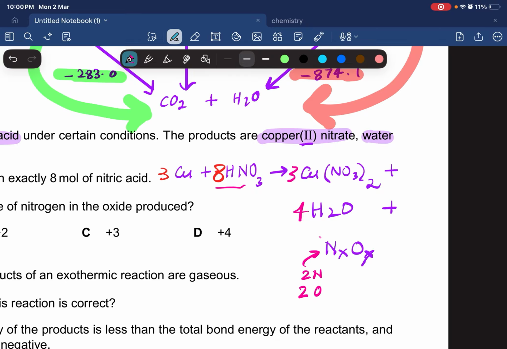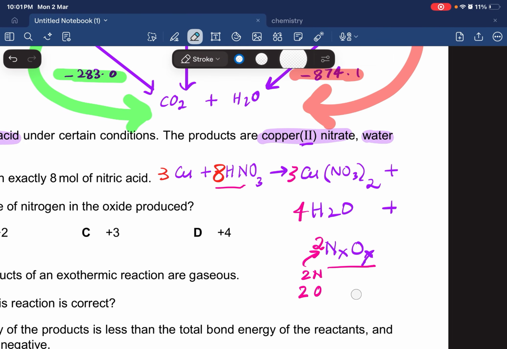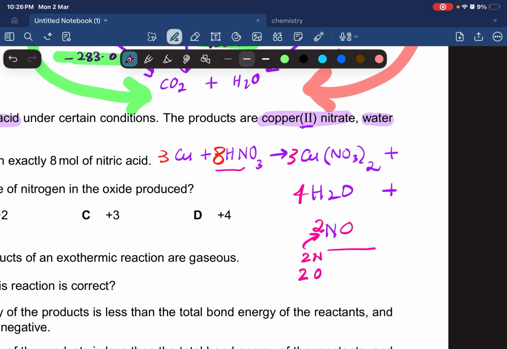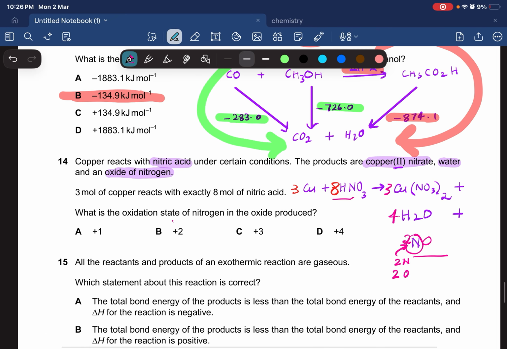So can I produce 2NO? Because you might think N2O2, but I've never seen anything like N2O2. So instead I'm going to produce 2NO. The oxidation state of nitrogen in NO is going to be positive 2, because we know that oxygen is negative 2. So to balance out, nitrogen has to be positive 2.